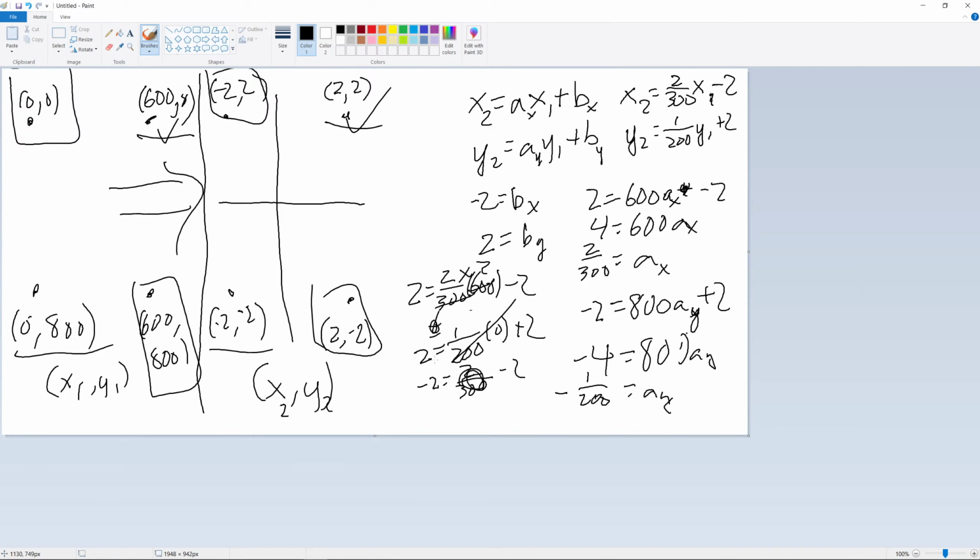And then the final one, minus 2 equals 1 over 200 times 800 plus 2. So negative 4 equals, plus 2 minus 2.